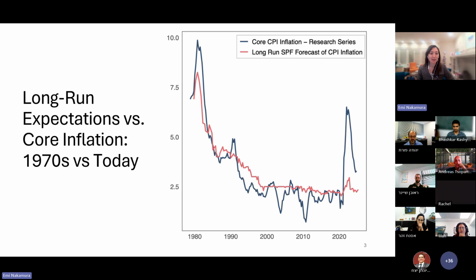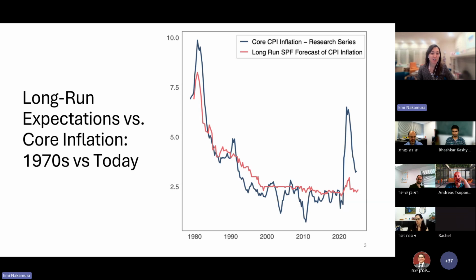And then you see that the red line was just incredibly stable, even during the Great Recession. So that's this period here where we can see that there was a big drop in core CPI inflation, but really nothing happened at core. And then the most dramatic example of this was during COVID, when inflation went up to 7 or 8% in the United States. But nevertheless, really not much happened to 10-year ahead inflation expectations.